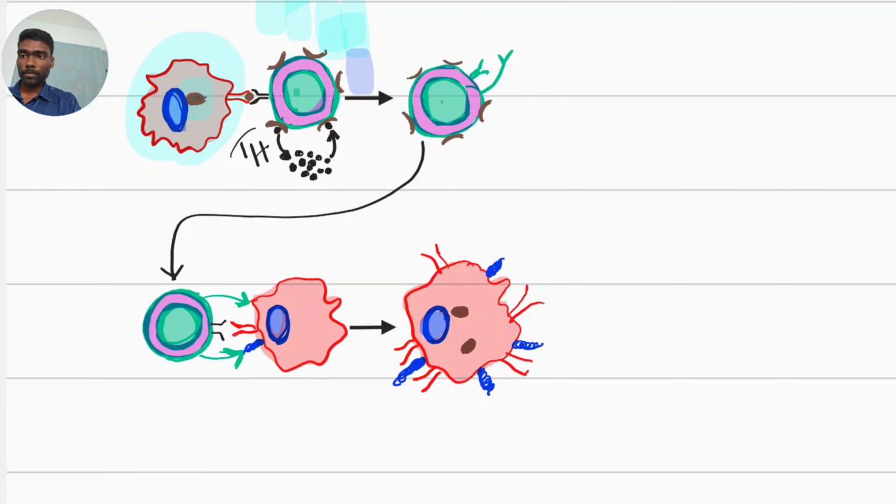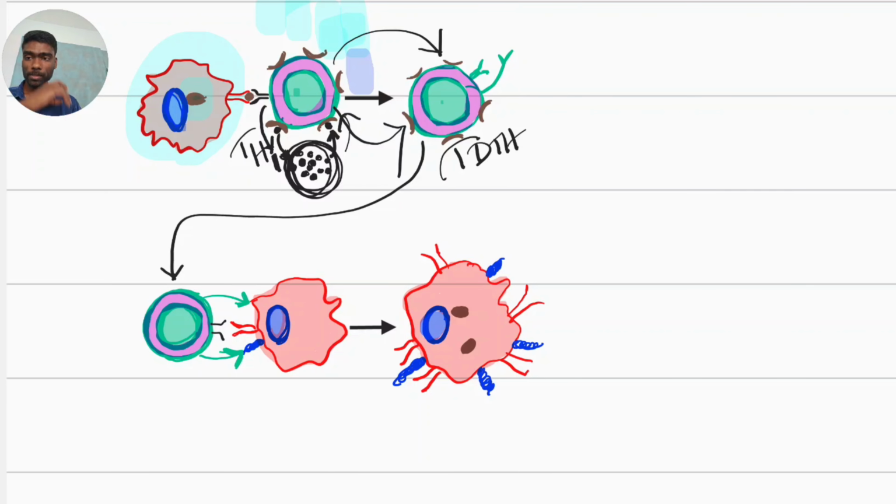On presentation of the antigenic peptide by the antigen presenting cell, it will get activated and converted to a delayed type hypersensitivity T cell. Here it is mostly T helper 1, I already told you. It will release cytokines. Here the black dots are cytokines like interleukin 2, which acts in an autocrine manner. See, here it is acting on its own cell to stimulate and synthesize more and more delayed type T helper cells.